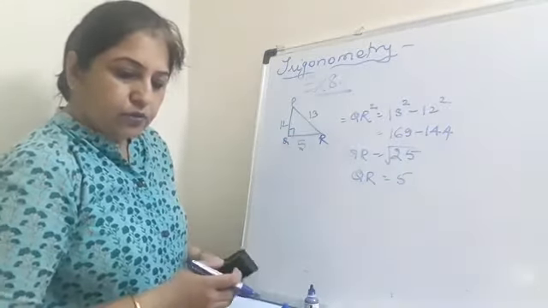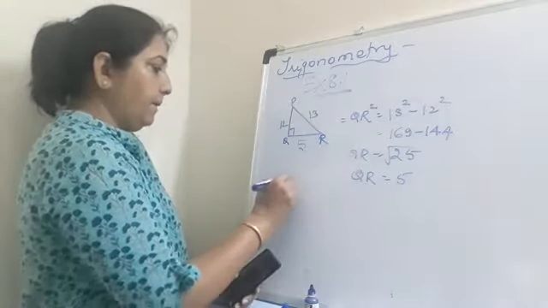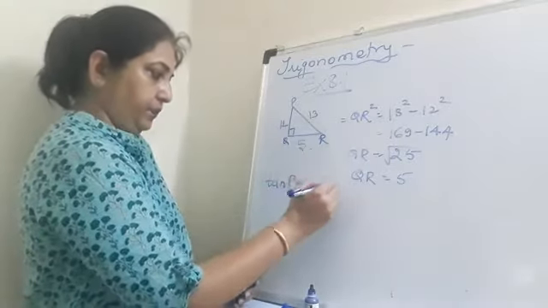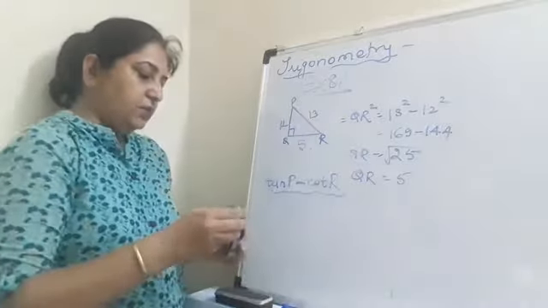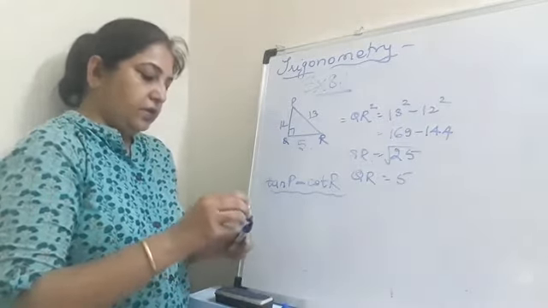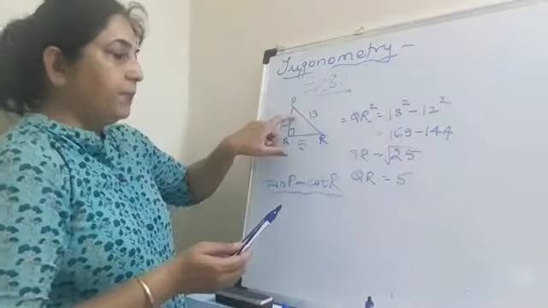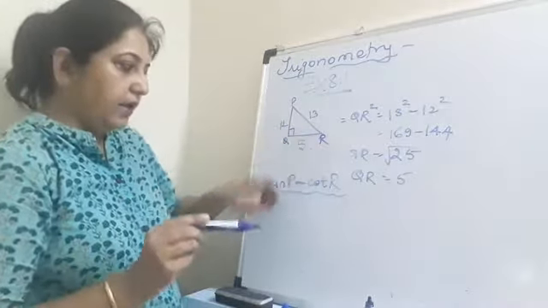They are asking you to find out tan P minus cot R. Now think on this, how you will do. Find out tan P minus cot R. So in the first, for the tan, we have to stress on the angle P, and for cot R, we have to stress on the angle R, right?